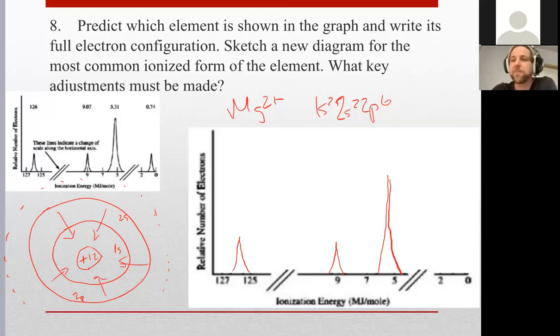To do a little math, before it was a 12 electron to 12 proton ratio. Actually, it makes a little more sense to keep the protons on top mathematically. 12 proton to electron ratio. And that was a ratio of 1 to 1, equal share between all the electrons. In the ionized form, we have 12 protons per only 10 electrons.